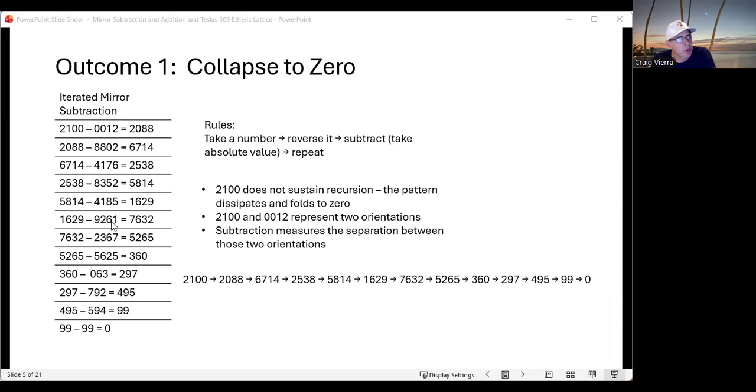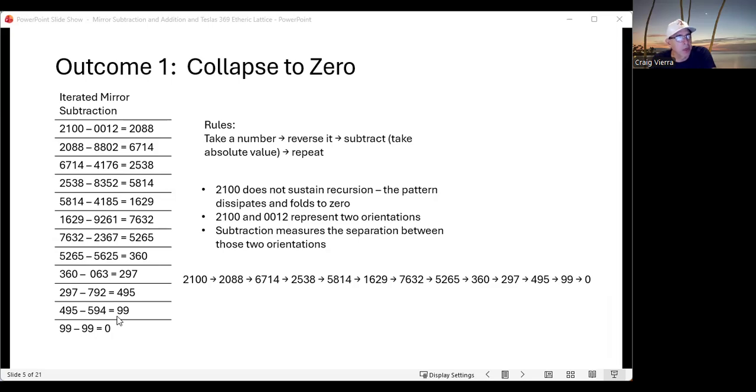And as I go through this, and this is a relatively long iteration, most of the numbers will have resolved by this point. I think it goes through like 12 iterations. And then it ends up down here where it goes 99 minus 91 or zero. So in this case, 2100 collapsed to zero.